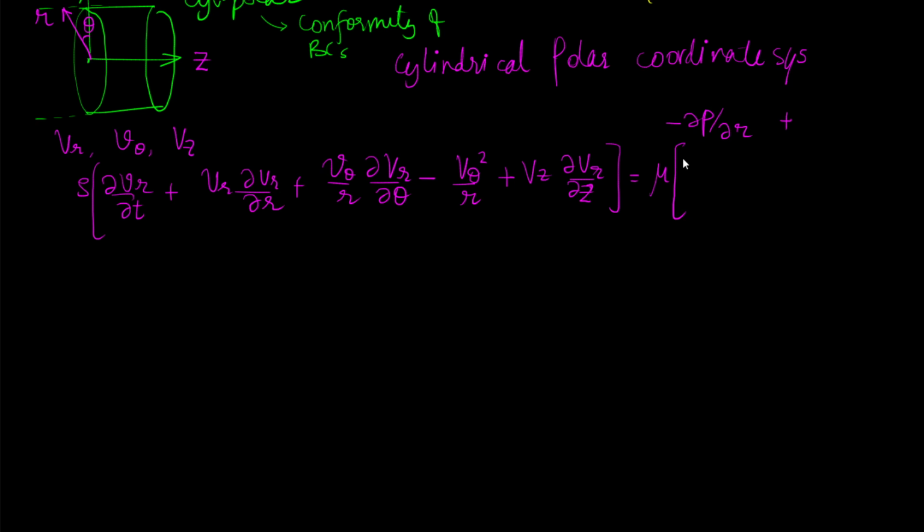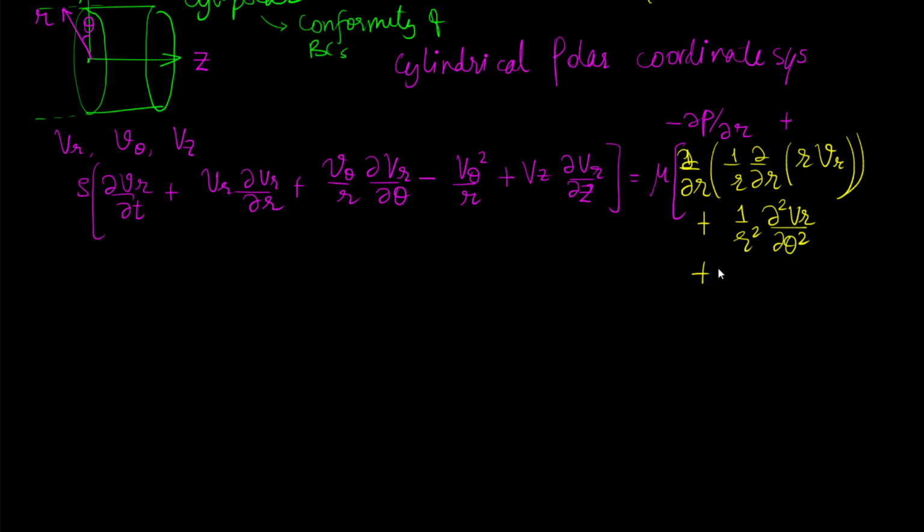So this will be mu times del del r of 1 upon r del del r of r Vr, plus the second term will be 1 upon r squared del 2 Vr del theta 2, plus del 2 Vr del z2, minus 2 upon r squared del V theta del theta, plus an additional body force in the r direction.